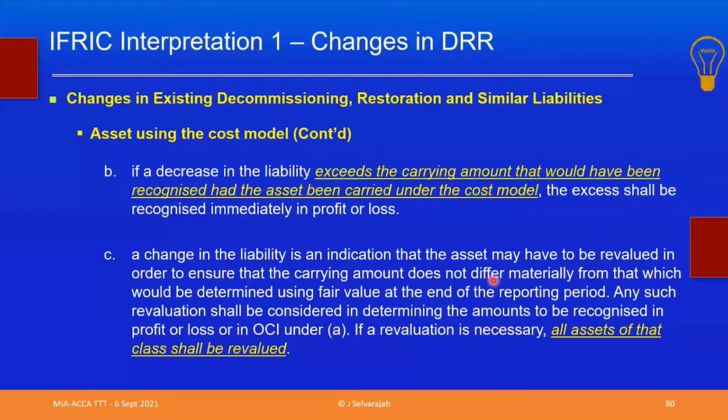By putting this double entry on the restoration and decommissioning amount, if it does not bring it down, then you've got to make sure you revalue at the end of the reporting date, and any revaluation surplus or changes will go back to OCI. So this is a roundabout thing, you know. First, you determine the changes in the provision for decommissioning.